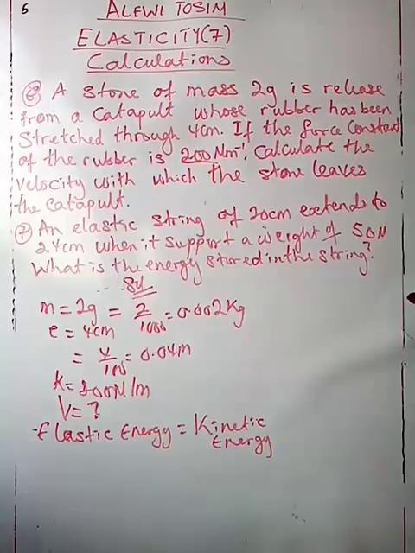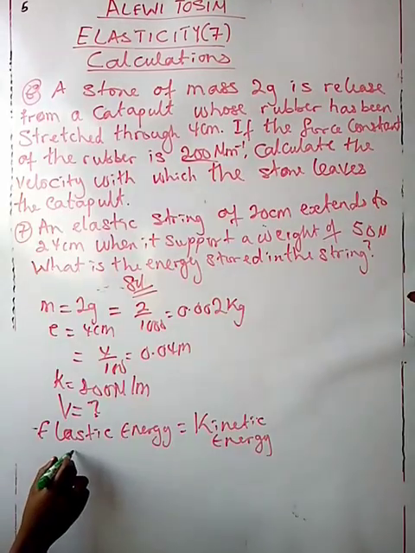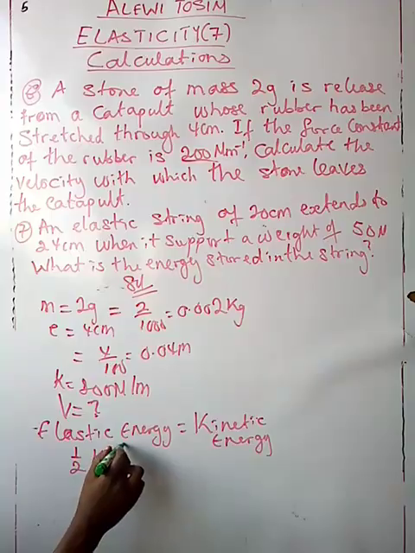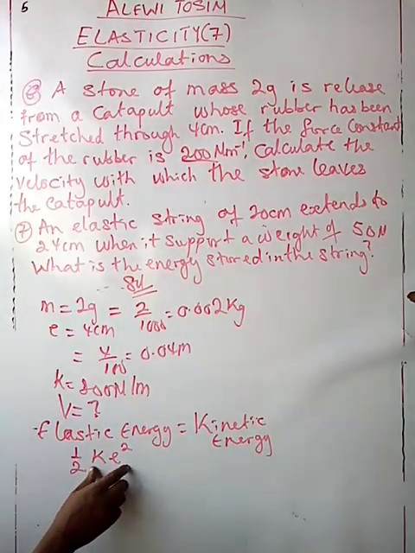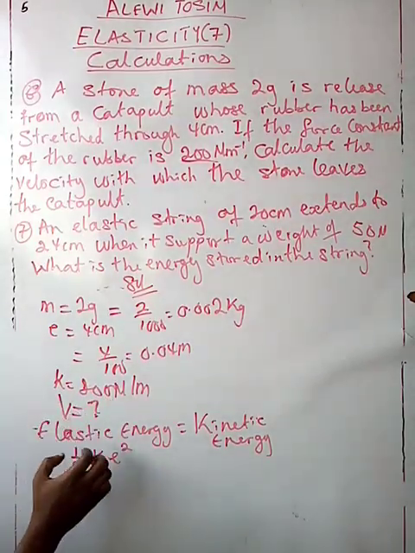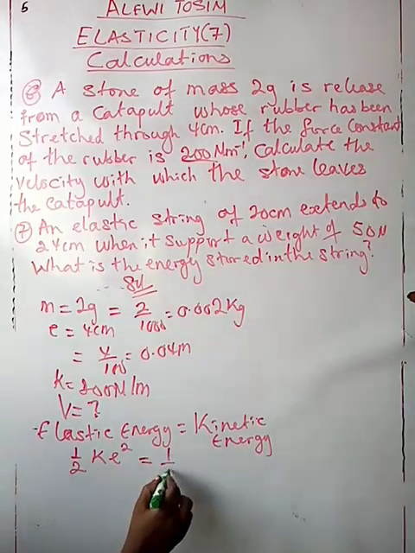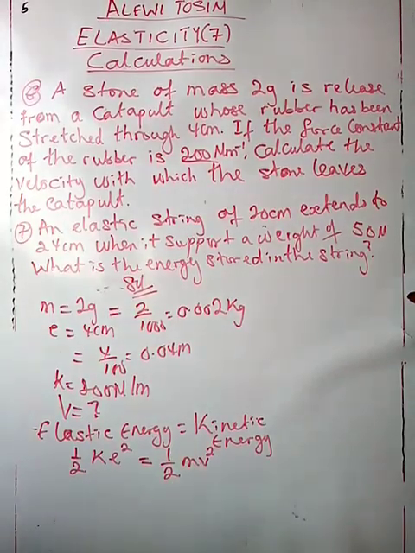Now we have to recall that the formula for elastic energy is half ke squared, 1 over 2 ke squared. We use this when we are given the elastic constant instead of force. In this case we are given the elastic constant, so we use half ke squared. While kinetic energy is given as half mv squared. That's the formula for kinetic energy.